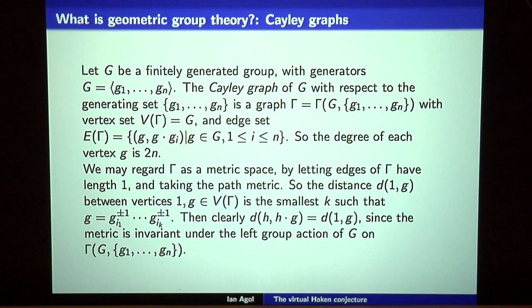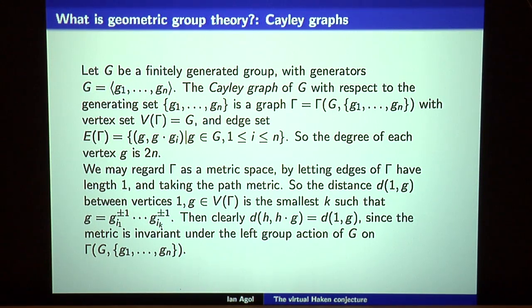And this notion of distance is clearly G-equivariant under left multiplication. So if I take an element h of G and I multiply on the left, then the distance of h to h times g is equal to the distance of 1 to g. So that tells you how to figure out the metric in general. Once you know the metric on the vertices, then you can also figure out the metric on the rest of the graph easily.